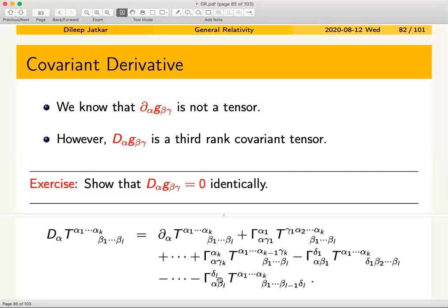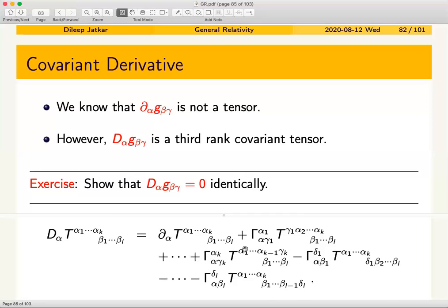You may find some books state this as covariant constancy of the metric. One typically says that the metric is covariantly constant, that means a covariant derivative acting on it gives you zero. So if you try to integrate this equation, it will tell you that with respect to the covariant derivative, g is just a constant. Okay, fine.